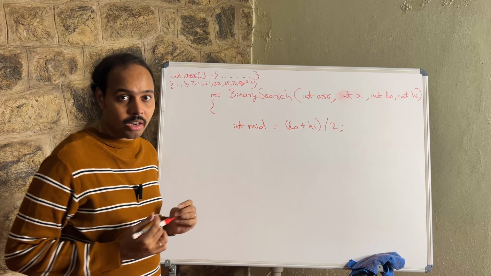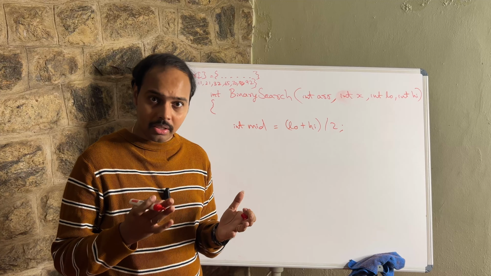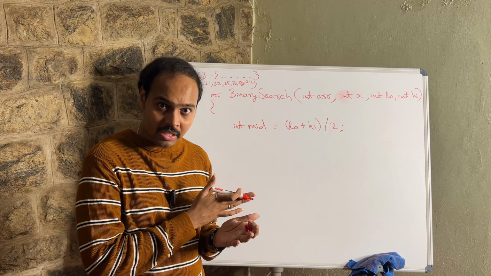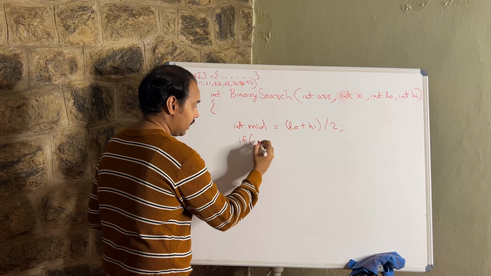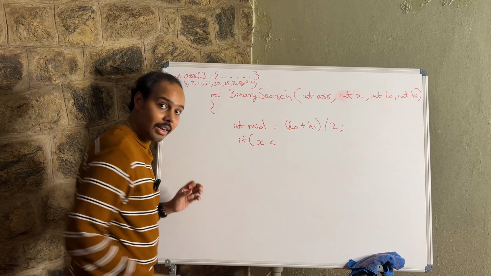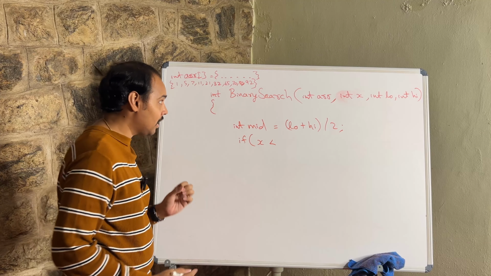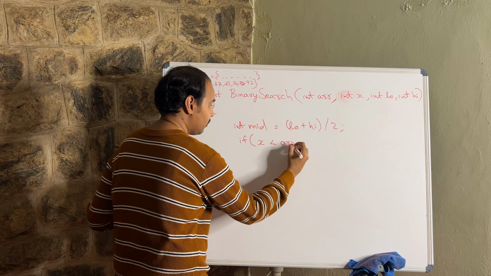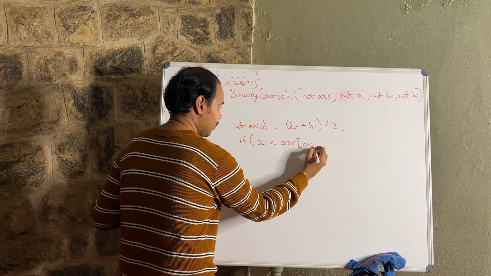When you go to the middle page, what will you look for? Whether x is on the left side or on the right side? If x is less than the middle element, which is ARR of mid.